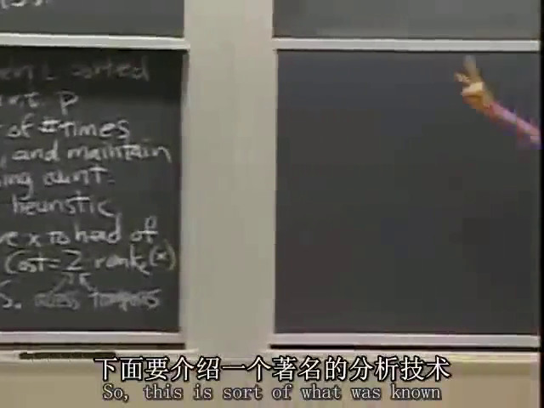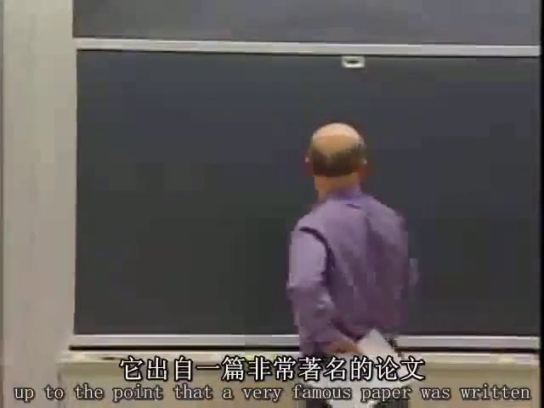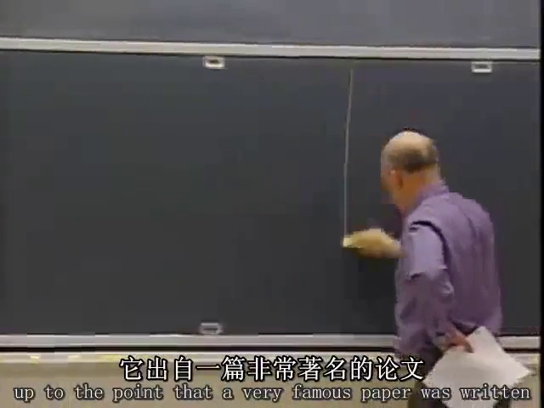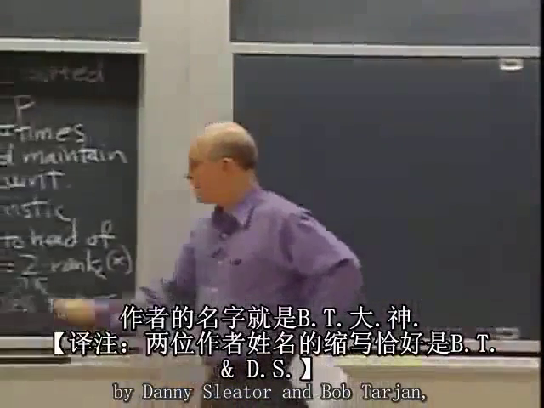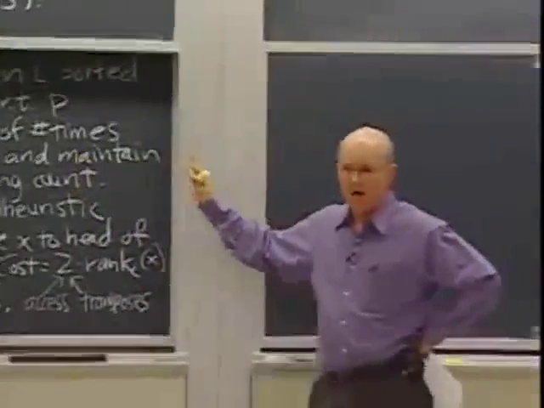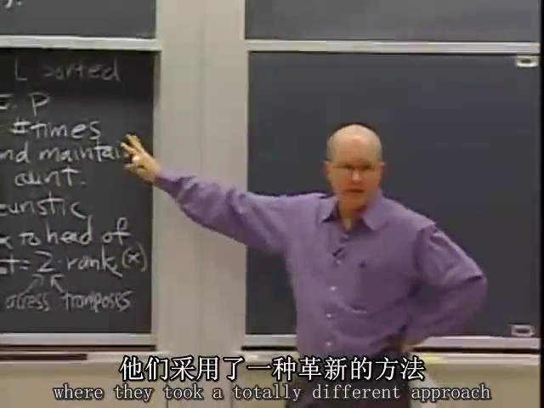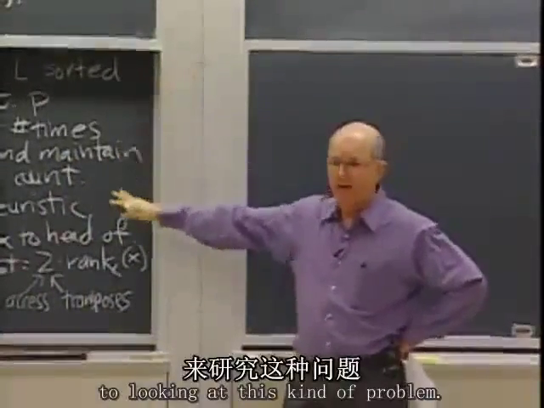So this is sort of what was known up to the point that a very famous paper was written by Danny Sleator and Bob Tarjan, where they took a totally different approach to looking at this kind of problem. Okay?